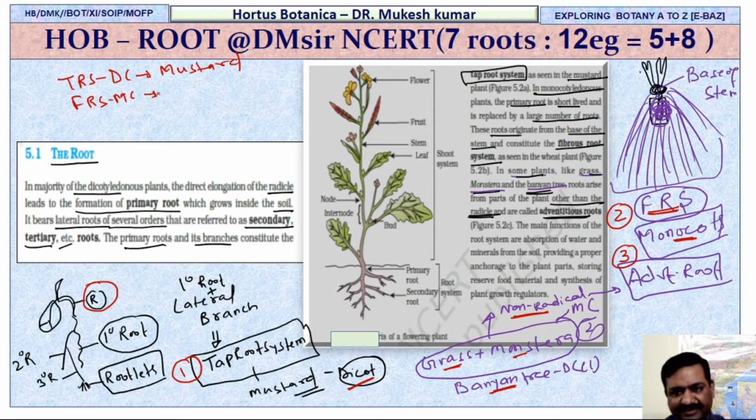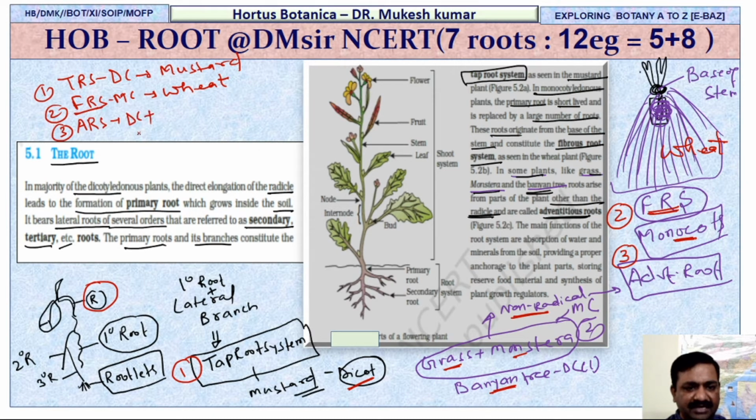Any example of monocot you can quote, the more common example is grass, but NCERT has not given any example in fibrous root, but I think wheat is given, yeah, wheat. So we can quote wheat, a monocot. Now third we have the adventitious root system. It may be of a dicot plant or may be found in monocots. Three examples we have given: grass, monstera, and banyan.